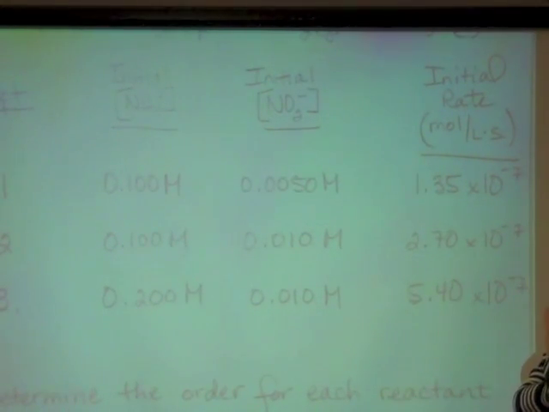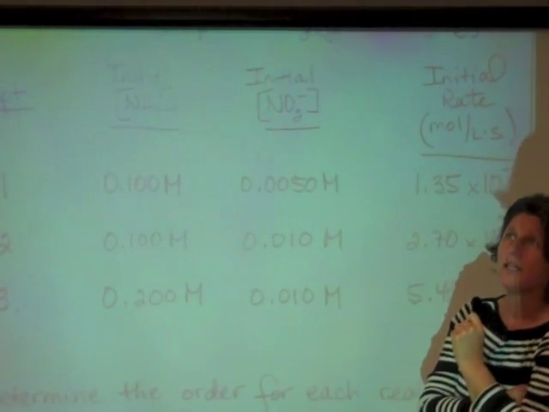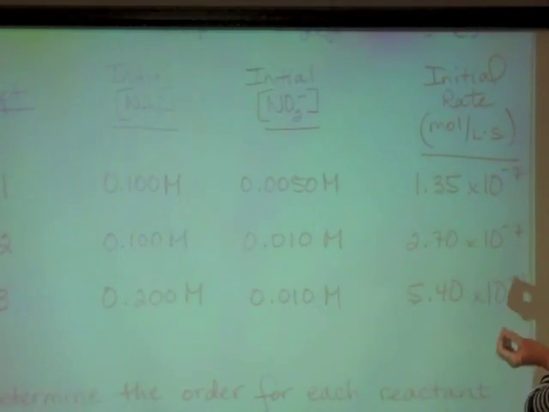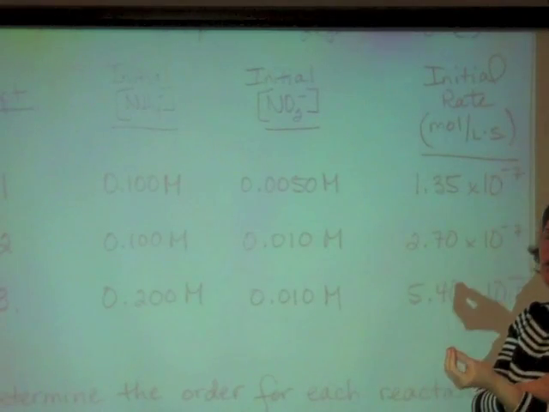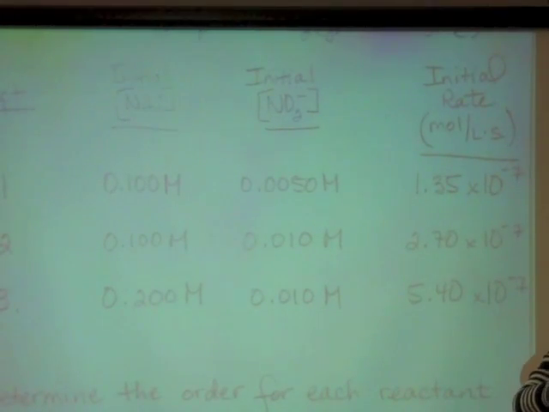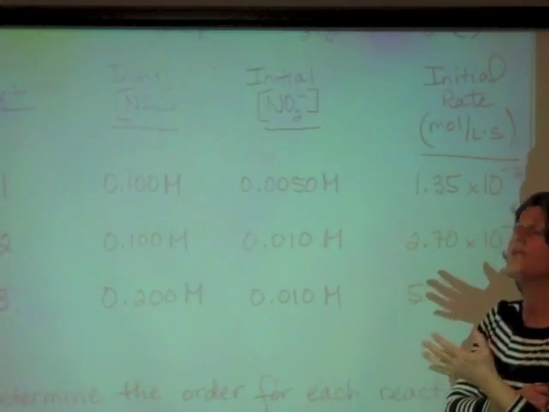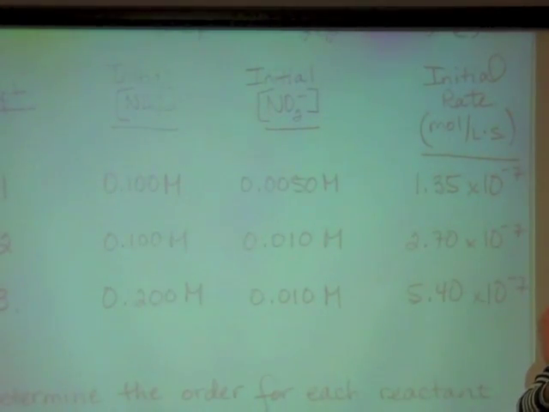Let's remember: for a zero order reactant, if you change the concentration, it does nothing to the rate. A first order reactant, if you double the concentration, doubles the rate. And a second order reactant, if you double the concentration, quadruples the rate.